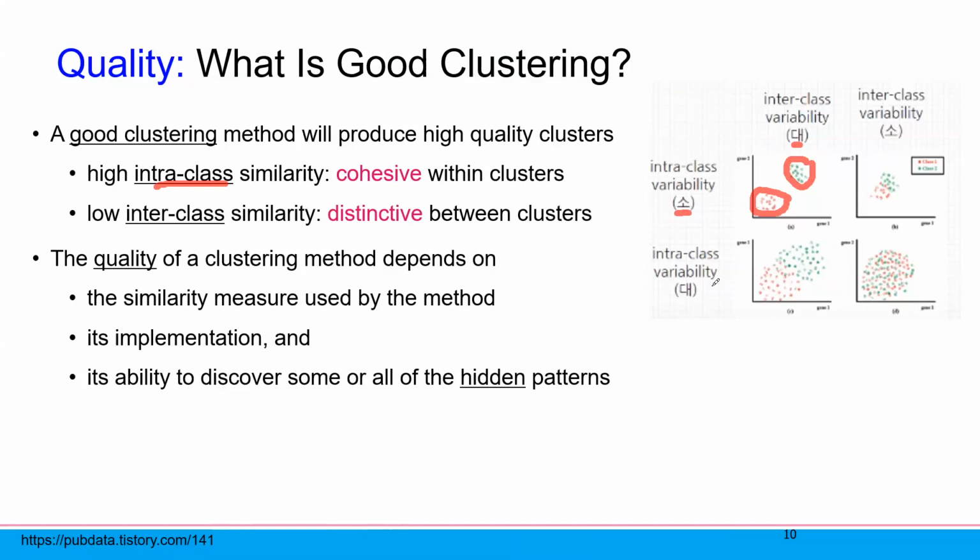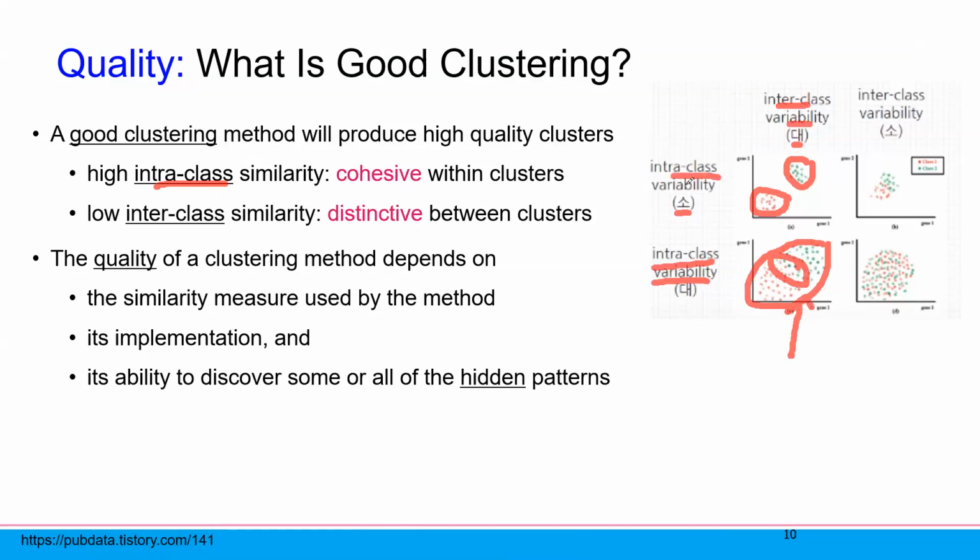But if the intra-class variability is low and the inter-class variability is high, it happens like this. Some of them overlap. So this cluster is not that good.